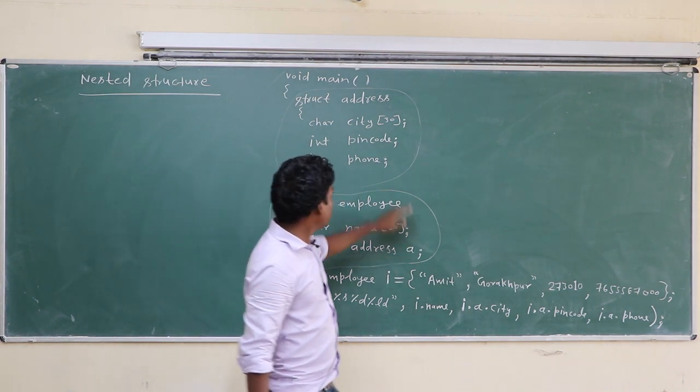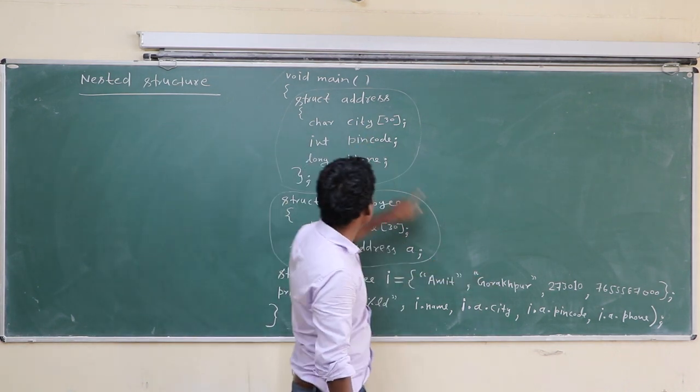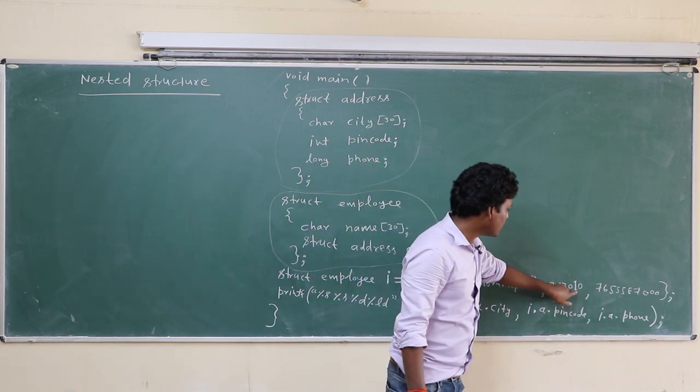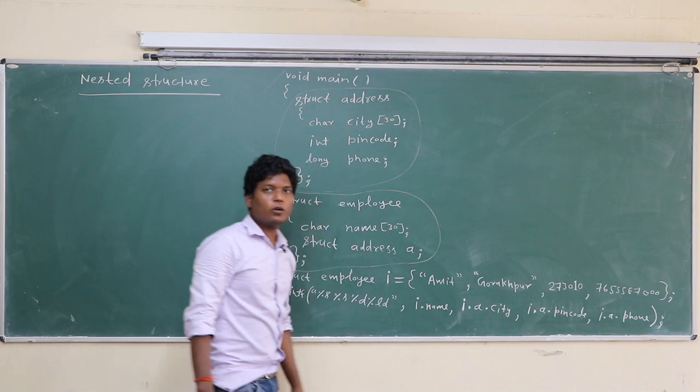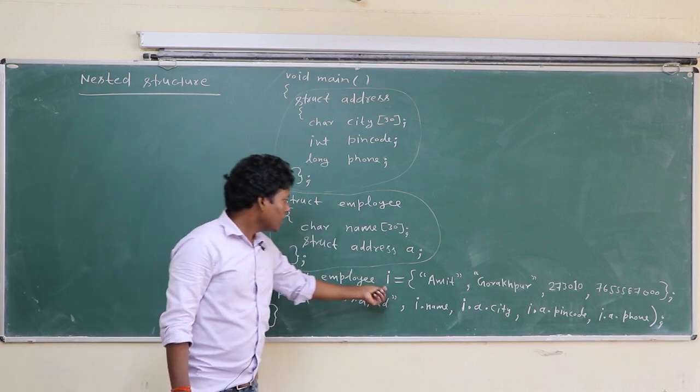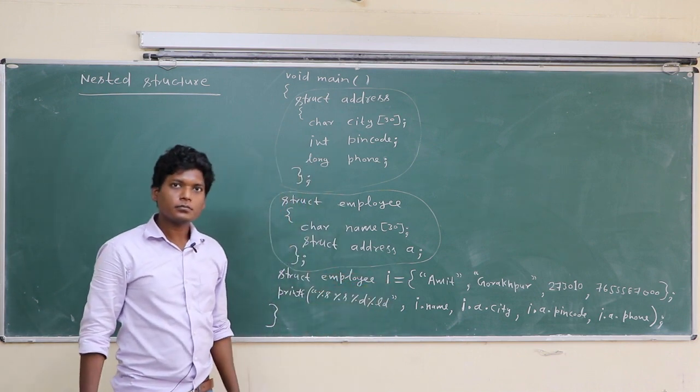So we write here Gorakhpur city, pin code this, and phone number this. All four values are assigned to I.